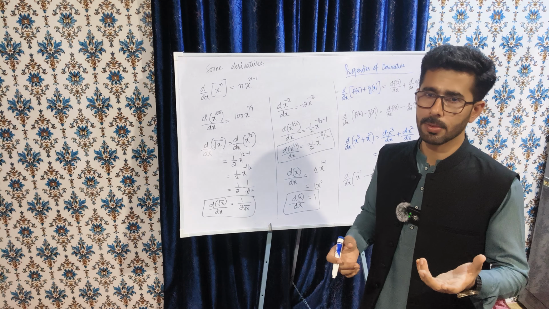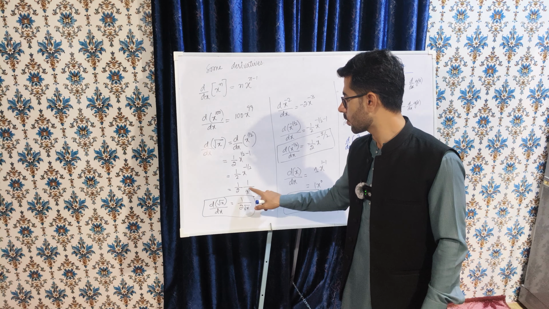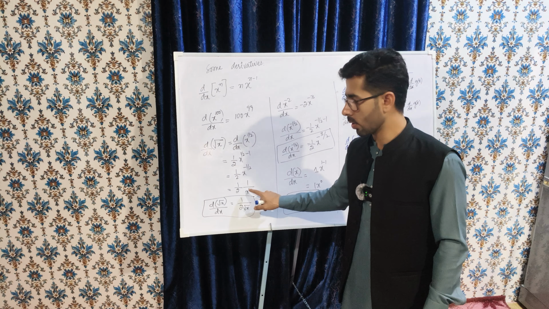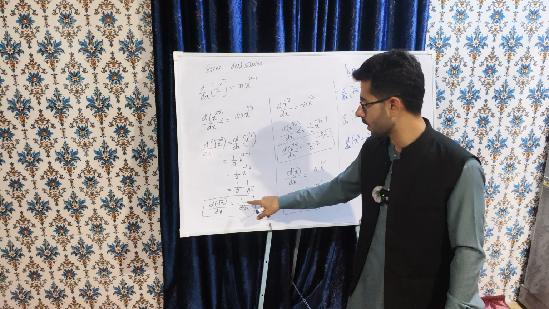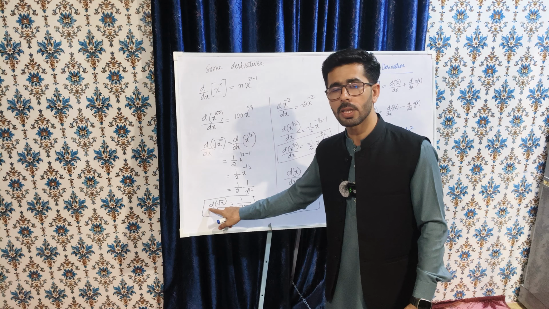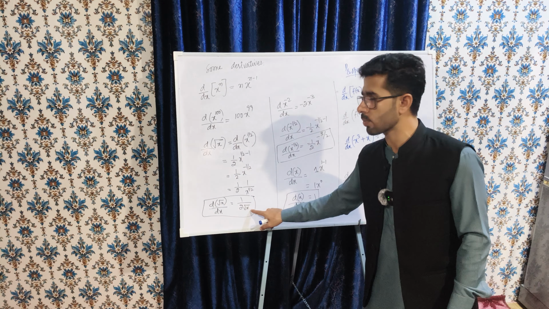You know this basic property of exponents. So 1 upon 2 times 1 upon x power half. 1 upon x power half can also be written as 1 upon the square root of x. So the multiplication of this will be 1 upon 2 times the square root of x. So now we know the derivative of square root of x with respect to x will be 1 upon 2 square root of x.